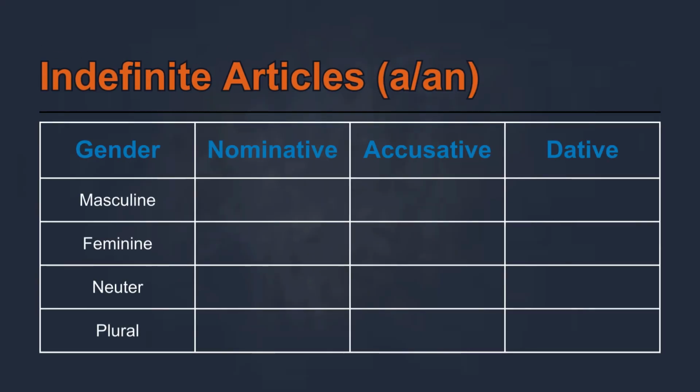Now for the indefinite articles, a or an. Here's how they change in dative. Masculine, ein, einen, einem. Feminine, eine, eine, einer. Neuter, ein, ein, einem.